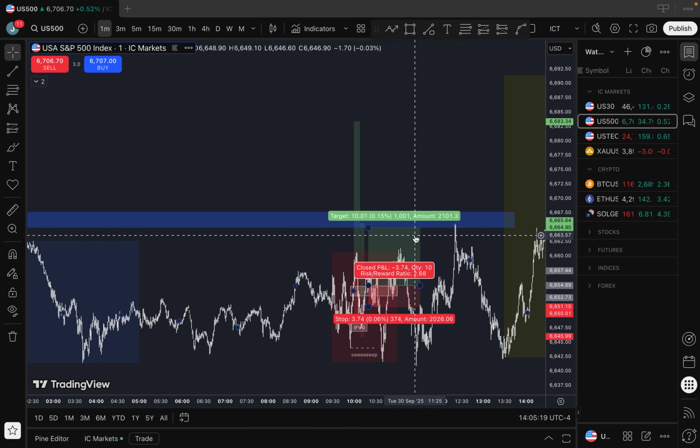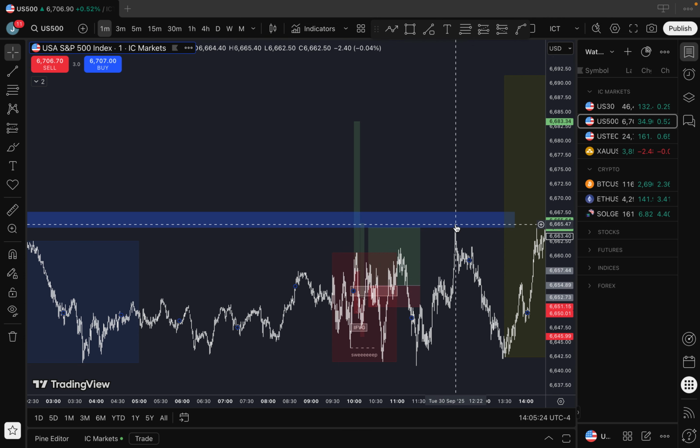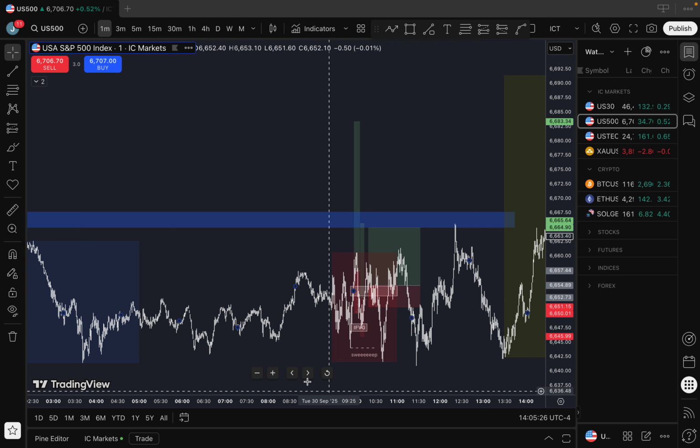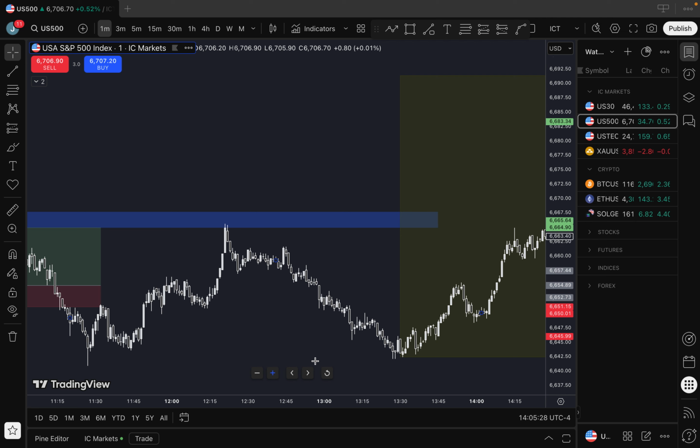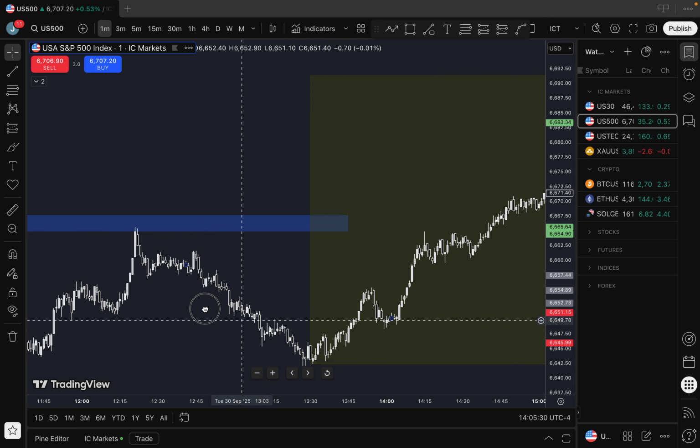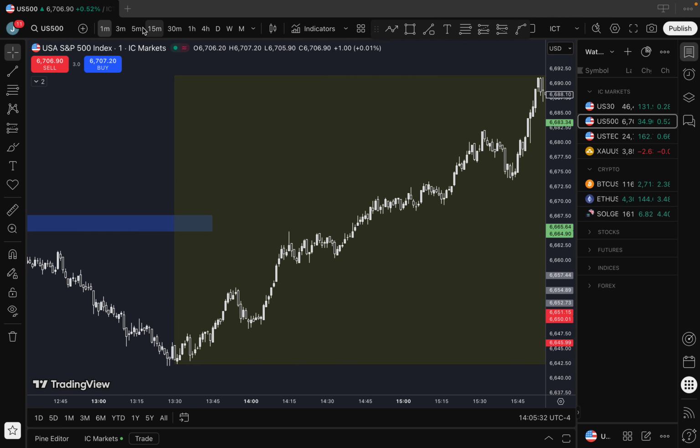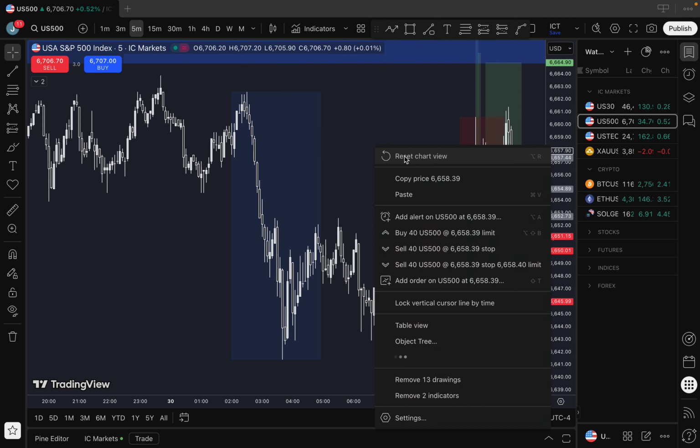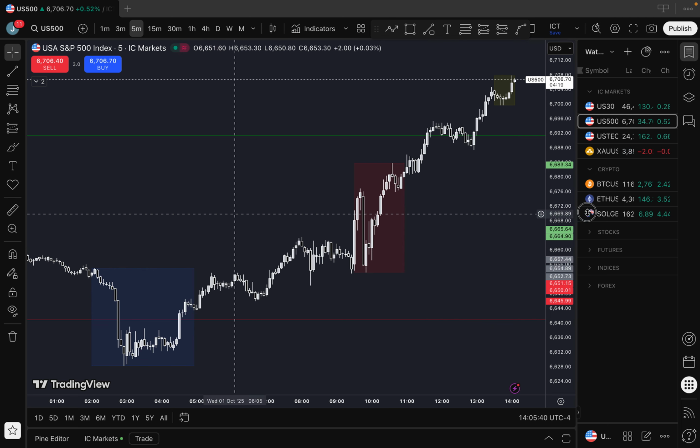Was that midnight? 12. Yeah, 12:22 p.m. New York. Before coming down into the PM session and then continuing up towards previous daily high in the PM session, I believe.